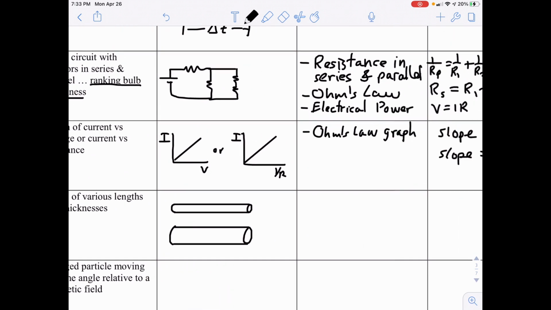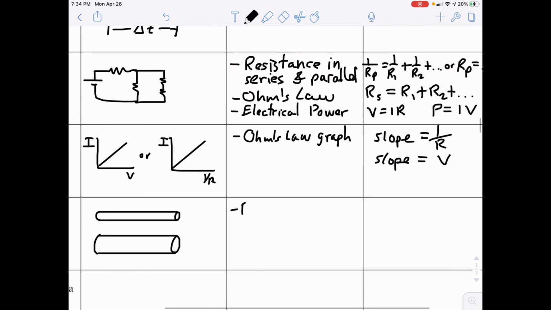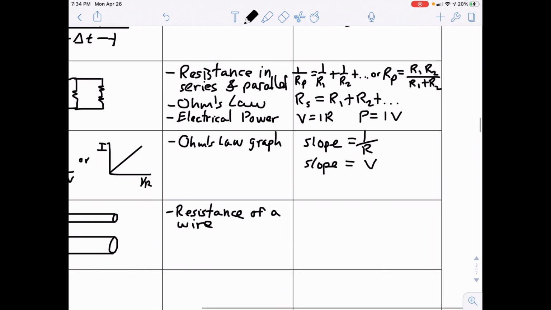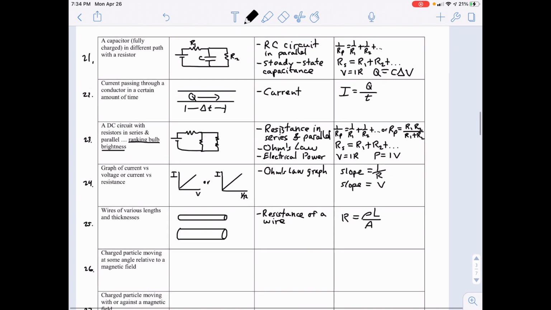Okay, this plays into the resistance of a conductor or the resistance of a wire. And the equation we need for that is R, the resistance, is equal to rho, the resistivity, times the length of the wire divided by the cross-sectional area.